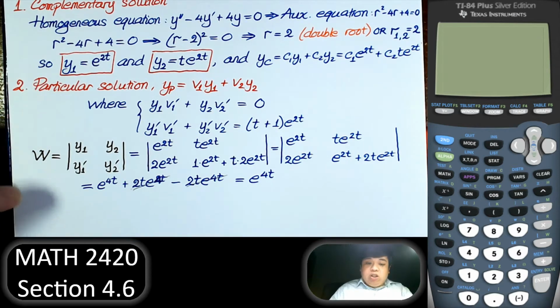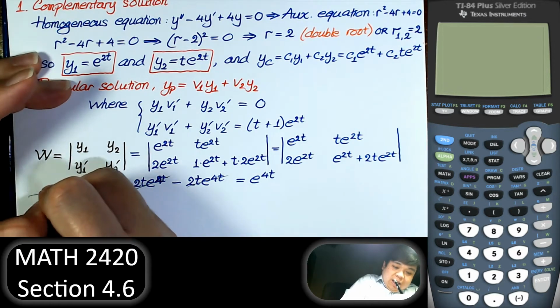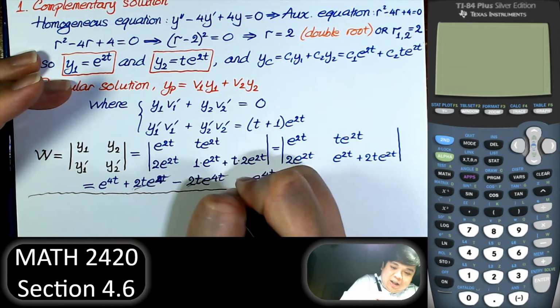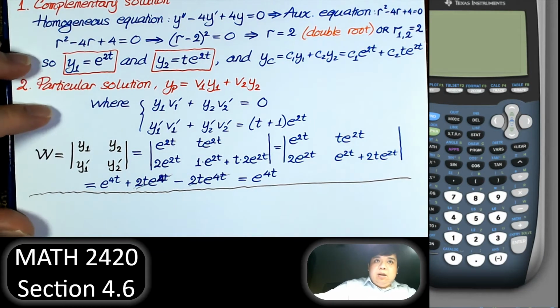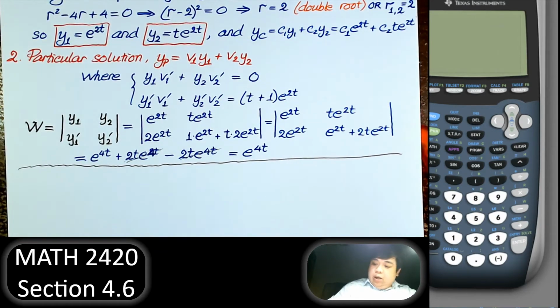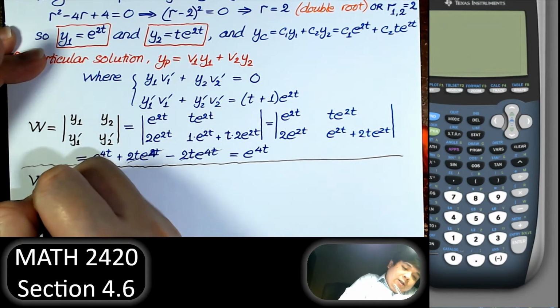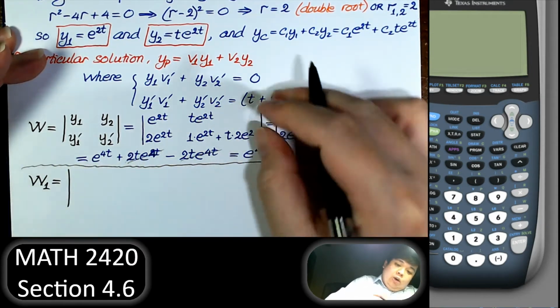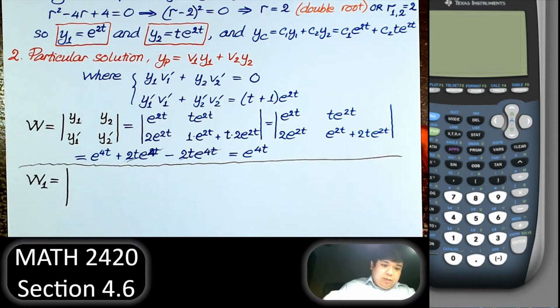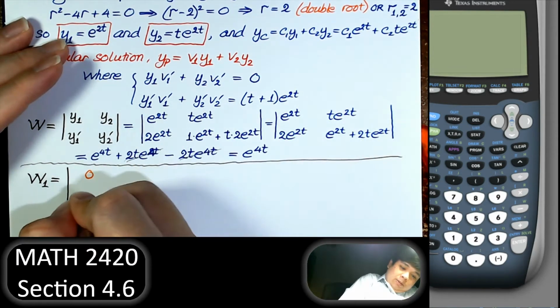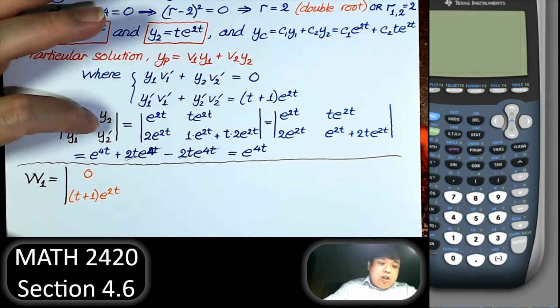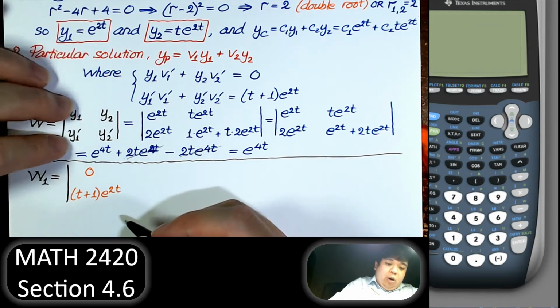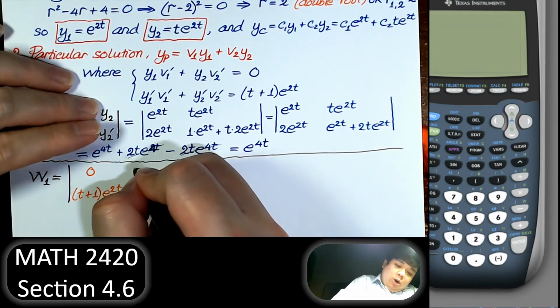Besides, the Wronskian cannot be equal to 0, otherwise they are linearly dependent and it's not going to work. We need linearly independent. Right, so that is W. Now W1: replace the first column with 0 and t plus 1 e to the 2t, with y1, y1 prime, y2, y2 prime still there.